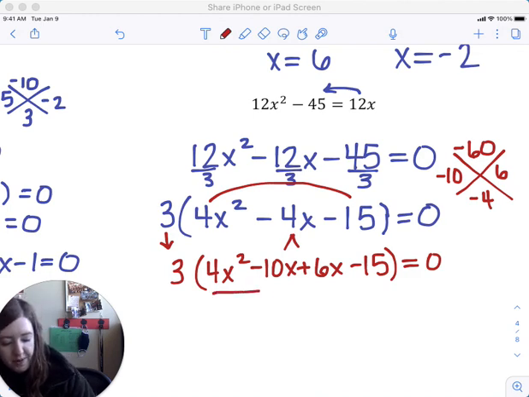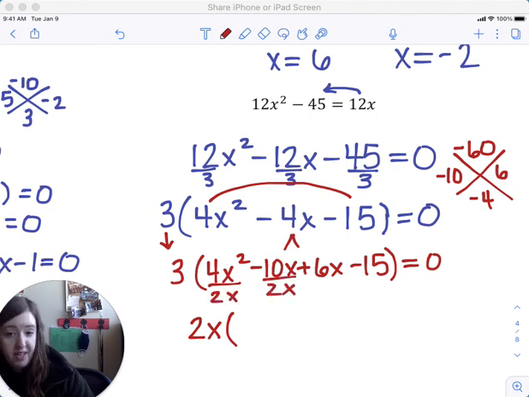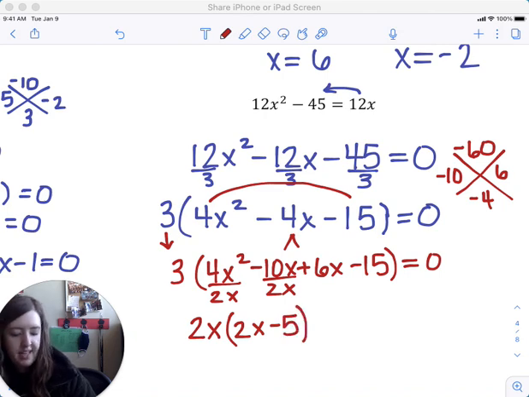The greatest common factor of 4x squared and negative 10x is 2x. When we divide both of these by 2x, 4 divided by 2 is 2. x squared divided by x is x. Then there's a minus sign. 10 divided by 2 is 5, and the x's cancel out.